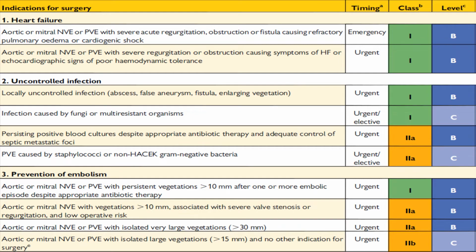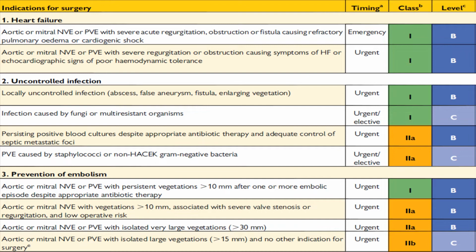Previously, you learned how to use medication for infective endocarditis, but in some groups of patients, surgery may be needed to cure this condition. The first indication for surgery is uncontrolled heart failure.